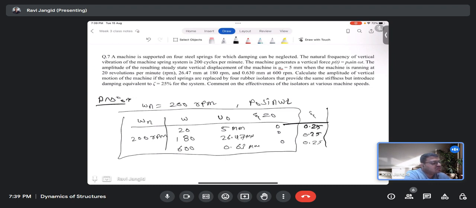Corresponding to that damping, we need to find our U naught. Then we need to comment on which system is effective, at which rpm the isolators are effective in reducing the response. Did you get the question?